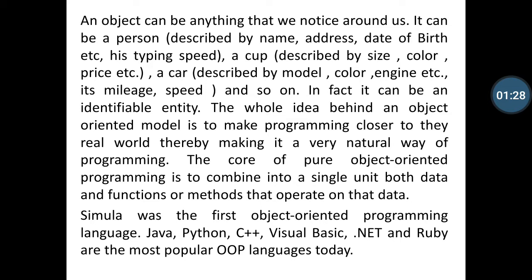An object can be anything that we can notice around us. It can be a person described by a name, address, date of birth, etc., or his typing speed; the characteristics of a person are the values that belong to a particular object.